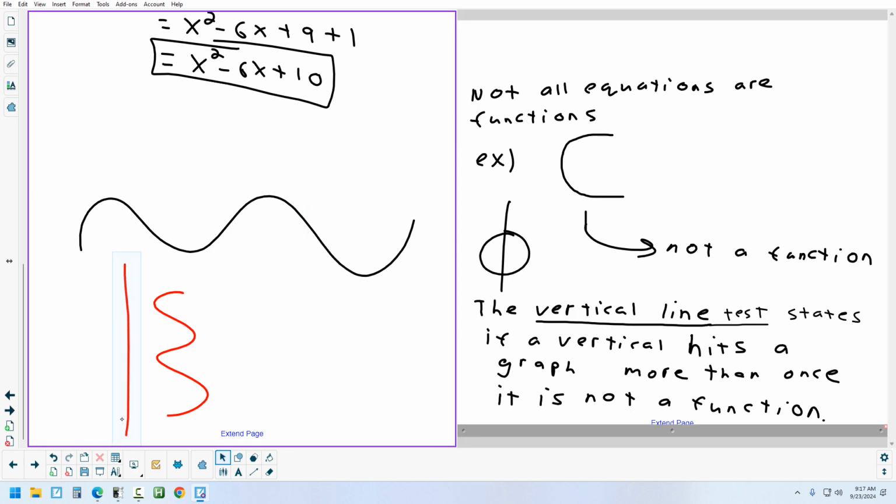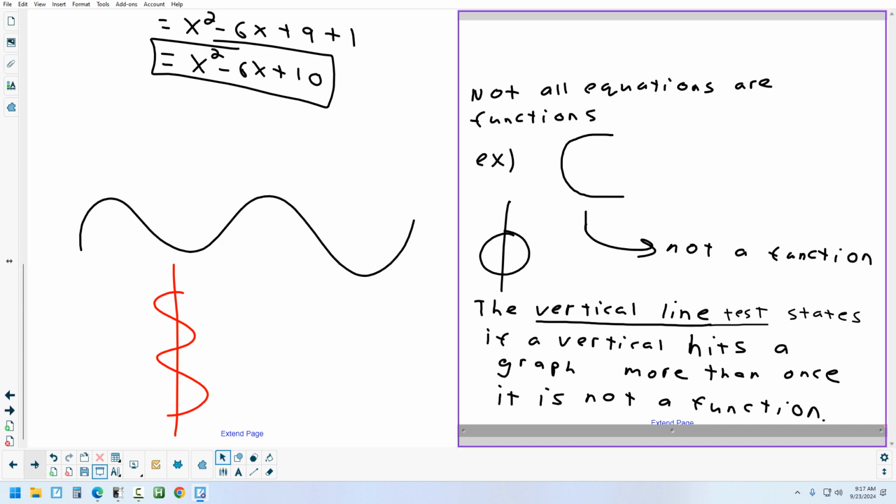Does this vertical line ever hit more than once? Yeah, it hits it a bunch of times. So the vertical line test is a quick way of figuring out if you have a picture, if it's a function. Any question on that? Sometimes I'll abbreviate that VLT, vertical line test.